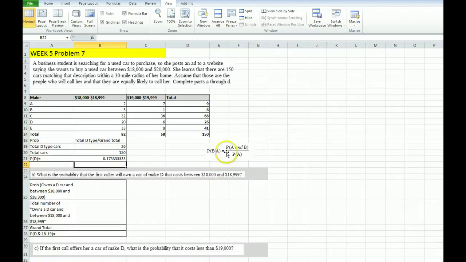Now moving on to part B. What is the probability that the first caller will own a car of model D that costs between 18 and 18,999? Now the probability you're looking for is for 2 things to happen, for it to be D and for it to be within this range.